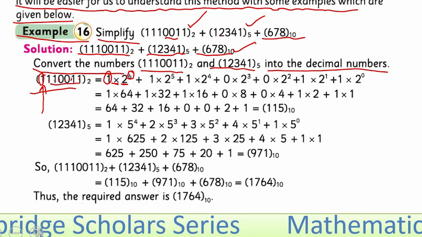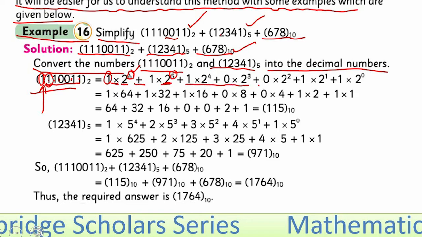So we have 6. We write 6 in the exponent, and then choose the next one, put a plus sign, and then 1 multiplied by the base raised to the power 5, and so on.